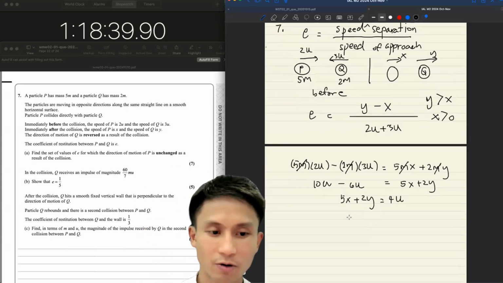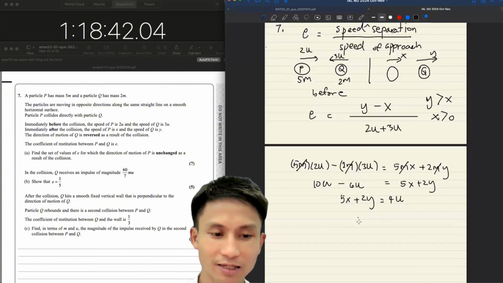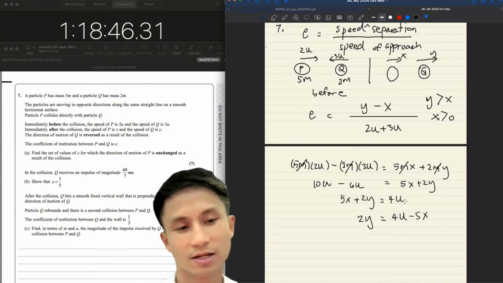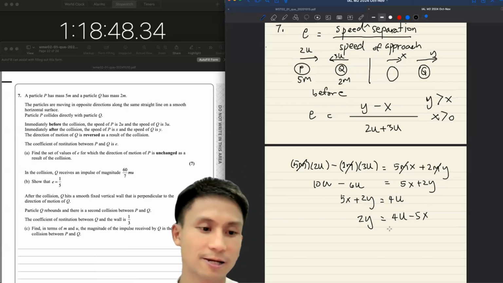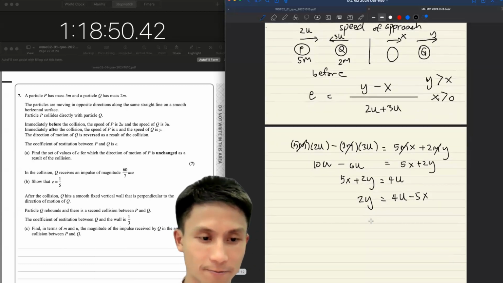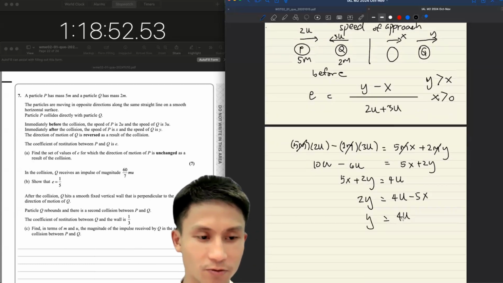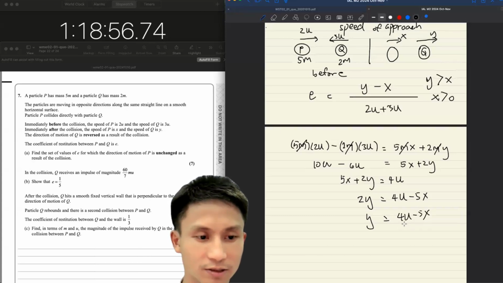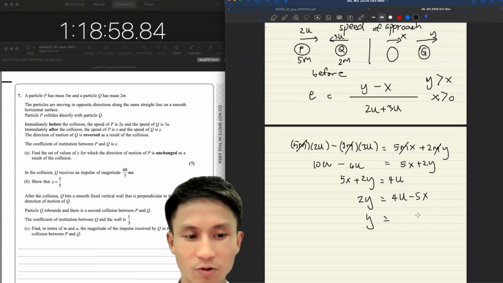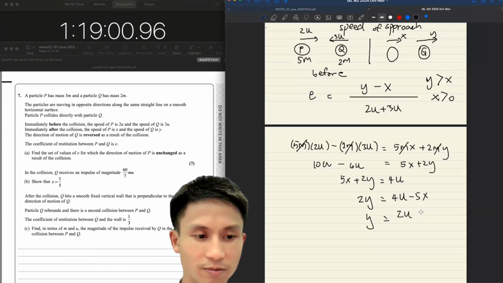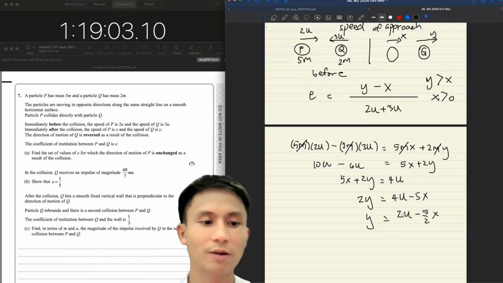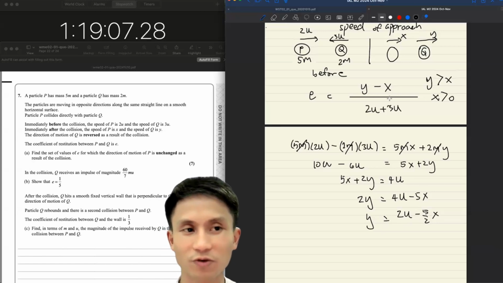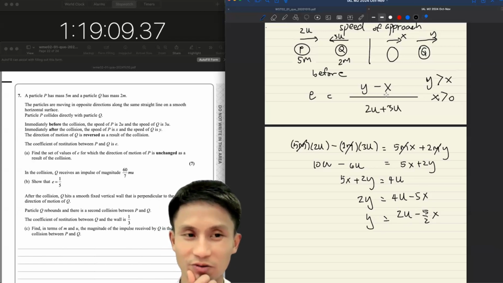Now, if we isolate y, we get 4u minus 5x. So y would be equal to 4u minus 5x; I'm just going to divide both terms, so 2u minus 5 over 2 x here. Why am I doing this? Because I want to substitute y here, because we know for sure that x should be greater than 0.